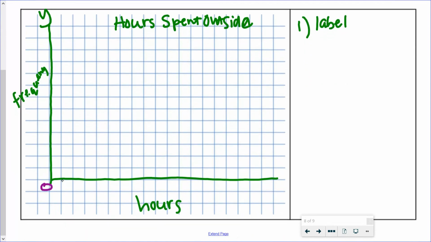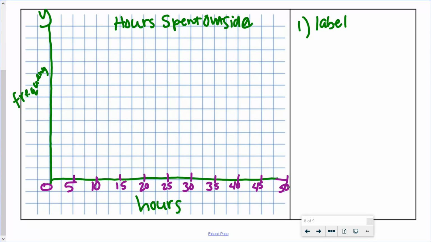So I start at 0, and I'm labeling on the line: 5, 10, 15, 20, 25, 30, 35, 40, 45, 50. Okay.